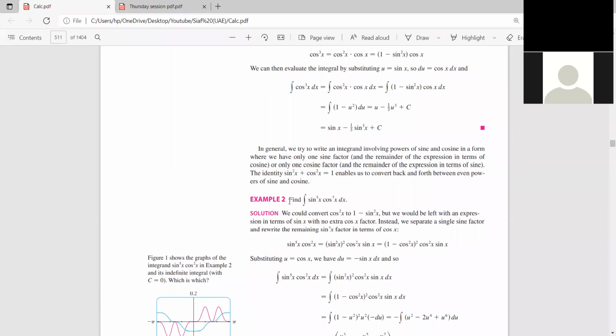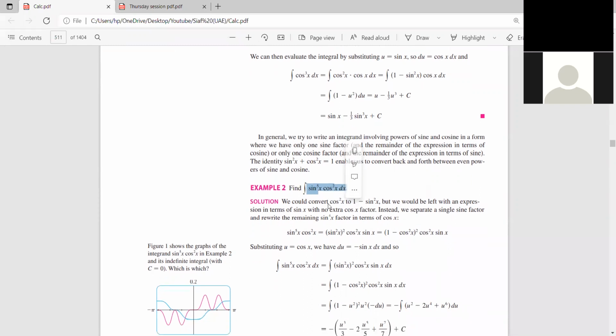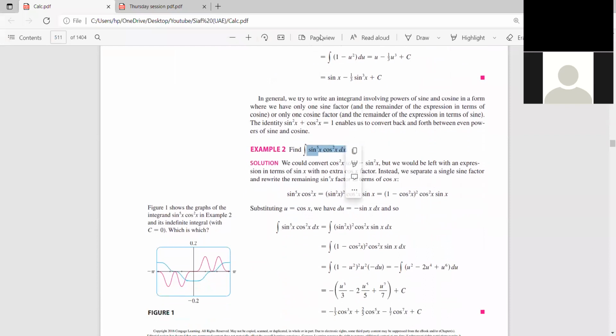Okay, question number 2 is one in which we have two functions, sine and cos, both are there, and sine power is 5 and cos power is 2. Let's understand how we are going to solve this question.